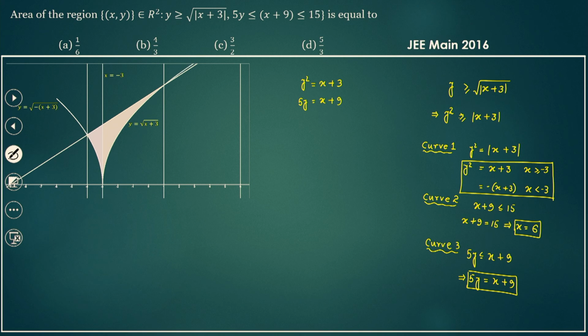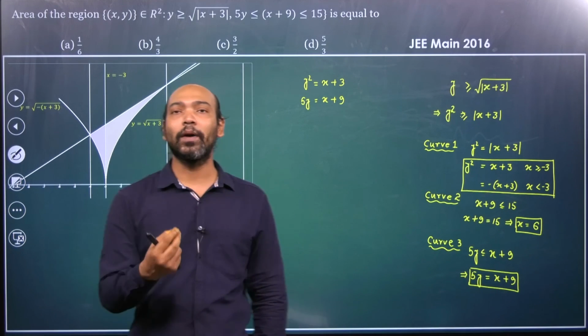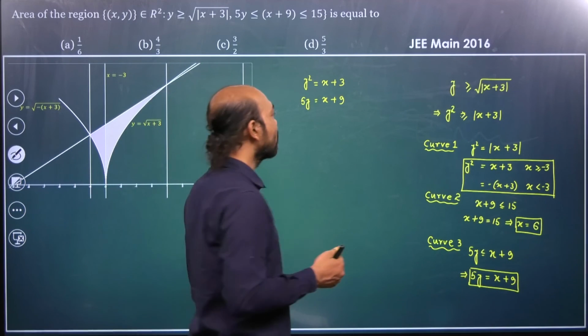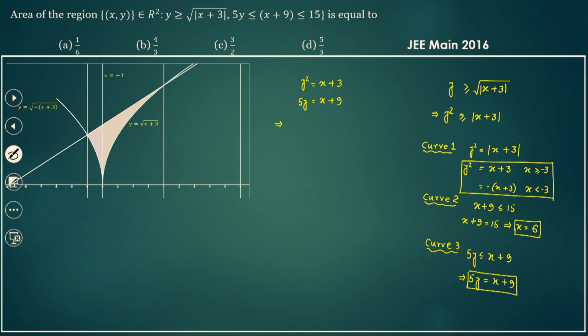Now, if I solve this equation, we'll get the coordinate of x, and that's how we can find the boundary. So let's calculate y from here: y is equal to x plus 9 divided by 5.